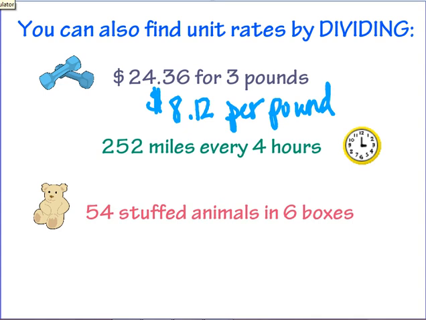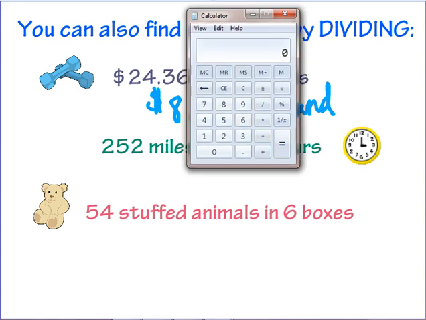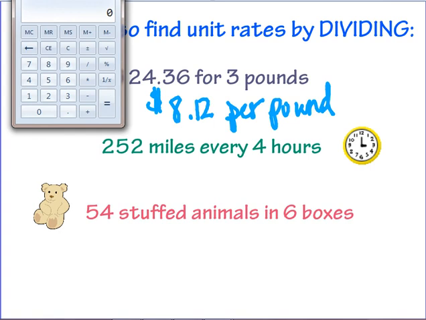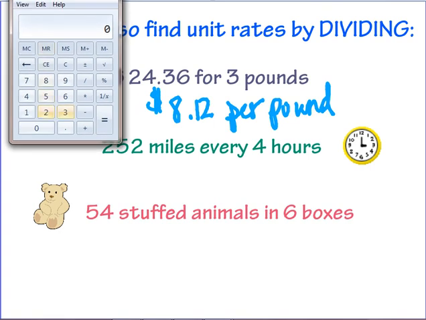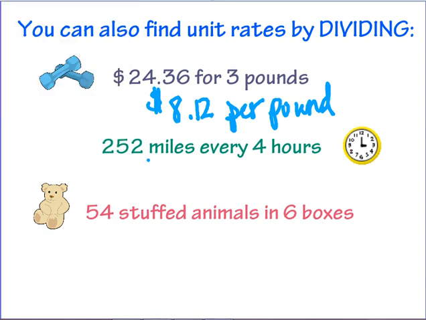If I have 252 miles that I'm traveling every 4 hours, I'm going to take that 252 and divide it by my 4 hours, and I get 63. That means that I'm going to have 63 miles per hour. I could write that as 63 miles per 1 hour if I wish.